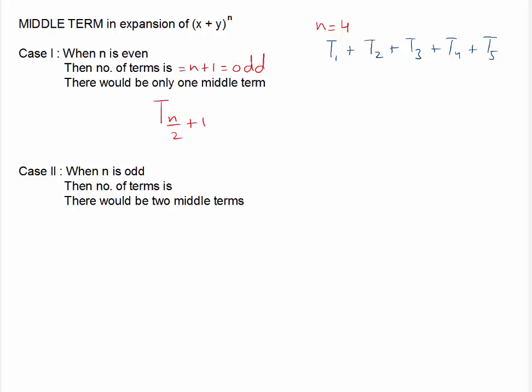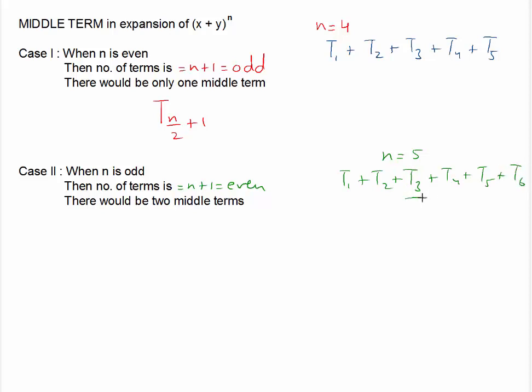Now the next case is when n is odd. Let's take an example, n equals 5. In such a case, the number of terms would be 6, which is even. So the number of terms is n+1, which would be even in this case. So it would be t1, t2, t3, t4, t5 and t6.